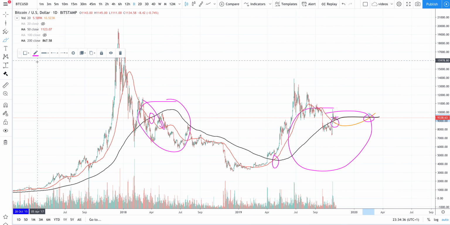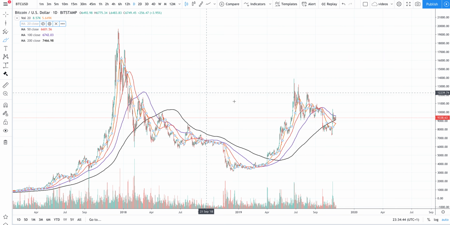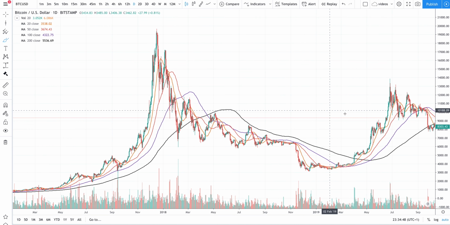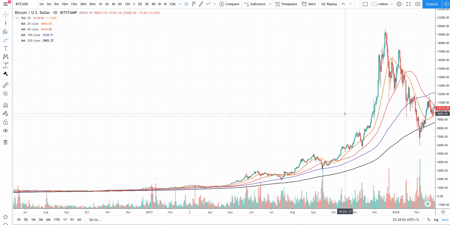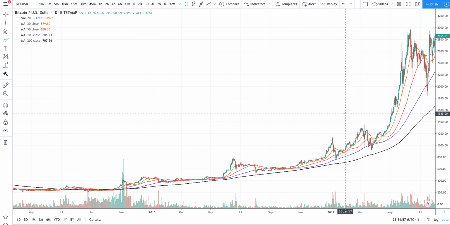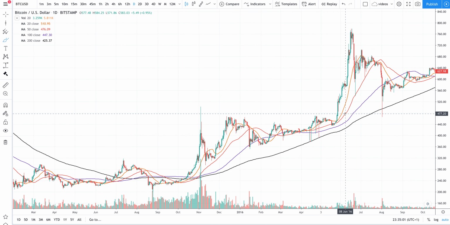What can I explain to you also? Okay, let's activate again all of the moving averages. About these crosses, for example, let's check the past history.